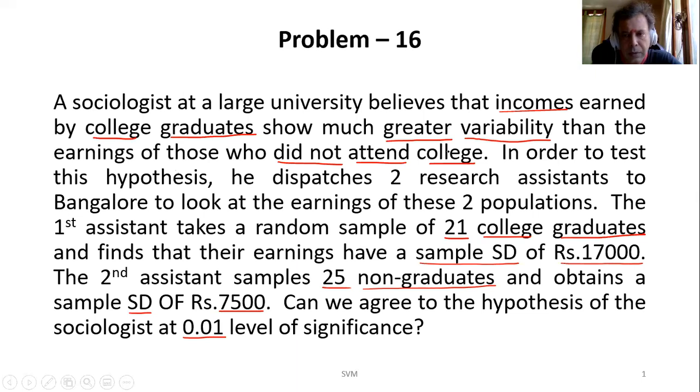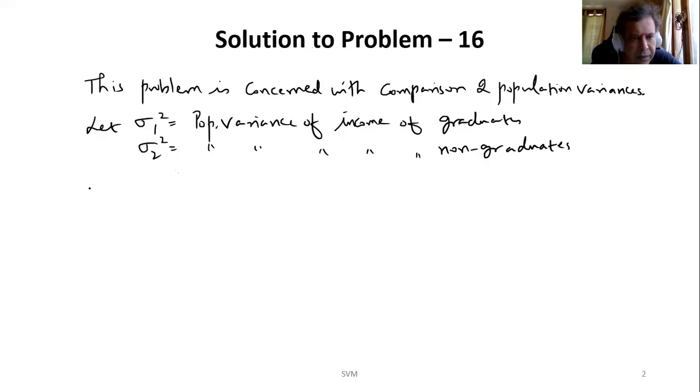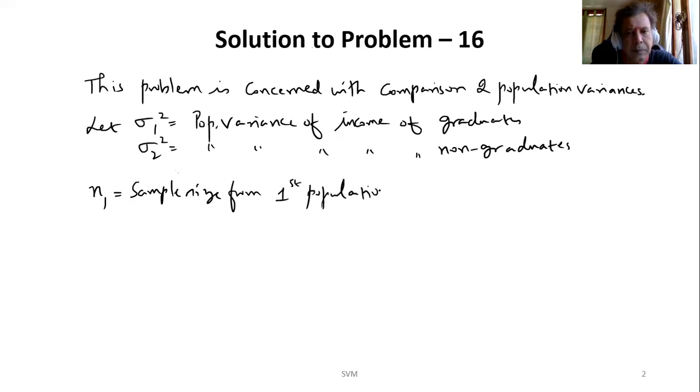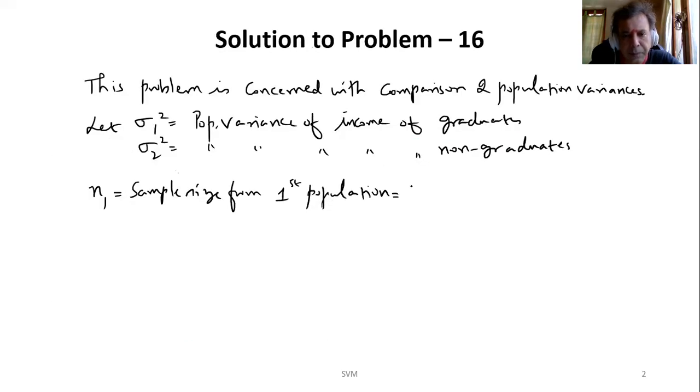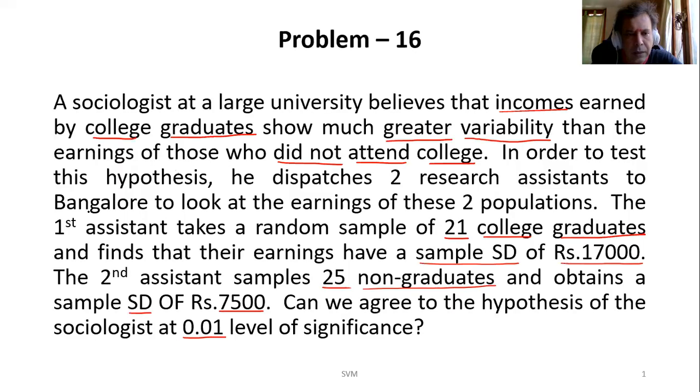Okay. Now, the first sample is of size 21. So N1, the sample size from the first population, is given as 21. And that person noted the sample standard deviation, S1, as rupees 17,000.